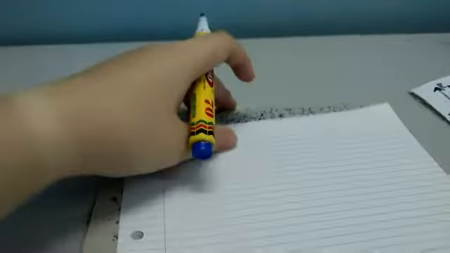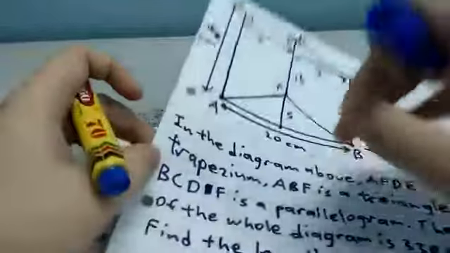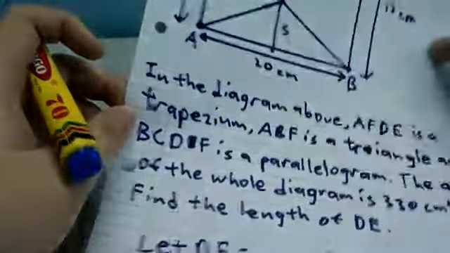So the second equation I can get is, now let's say I want to find the area of the triangle.